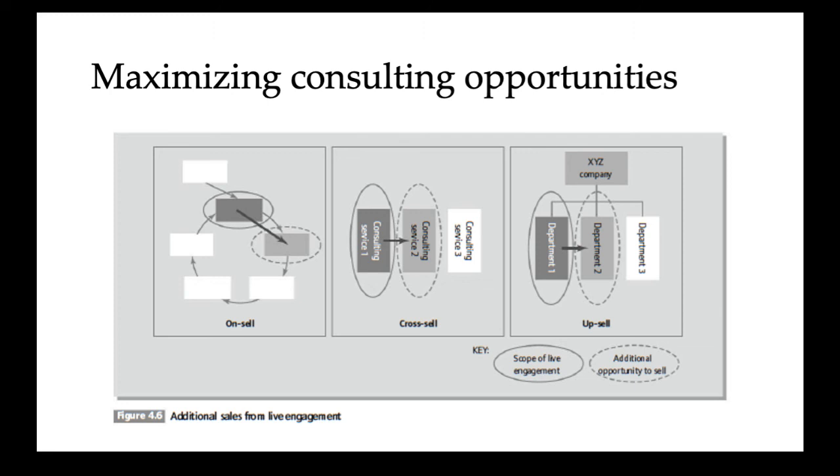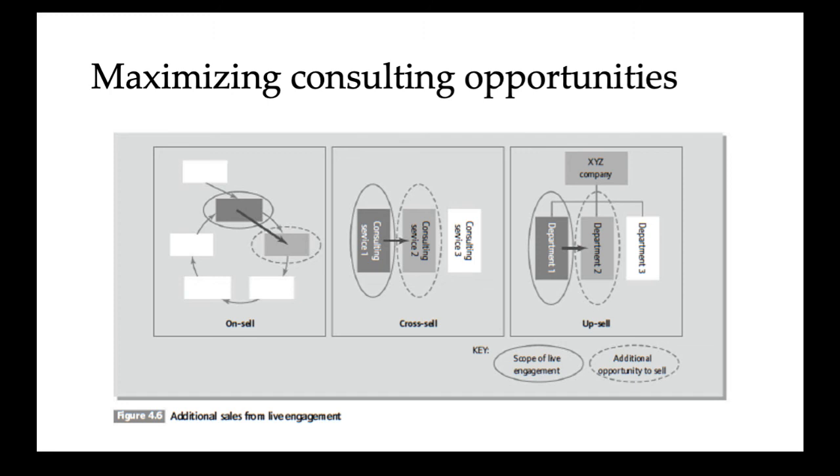So if we've been doing consulting work during the think step of the client's change process, which is probably strategic consulting, then it's possible that they may need some help in doing some sort of audit or review of their current business. So instead of just providing consulting for strategy development, you could also provide consulting for an operational review. That's possible, and you call that on-sell.